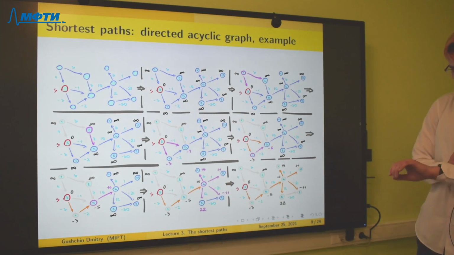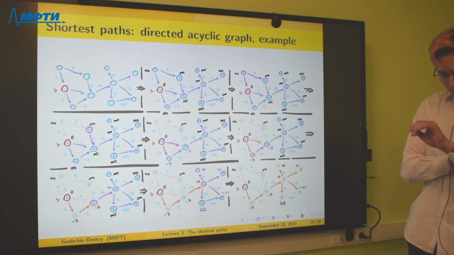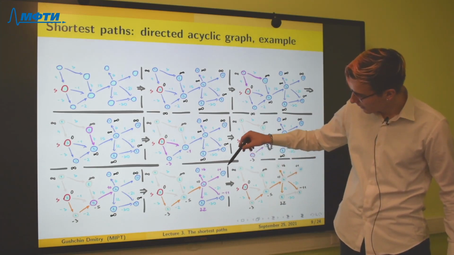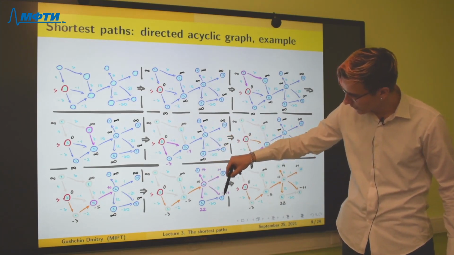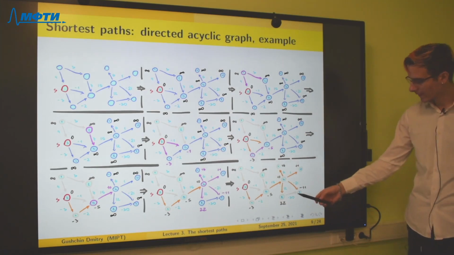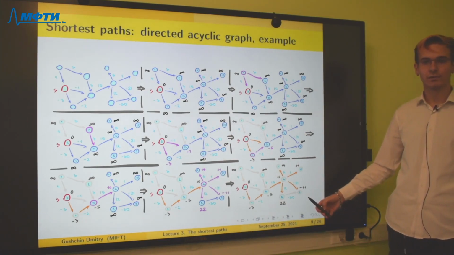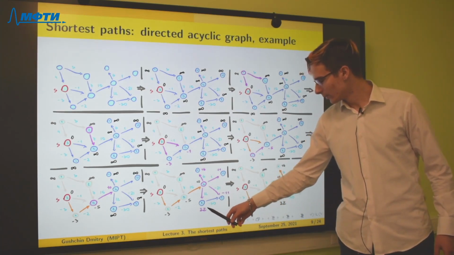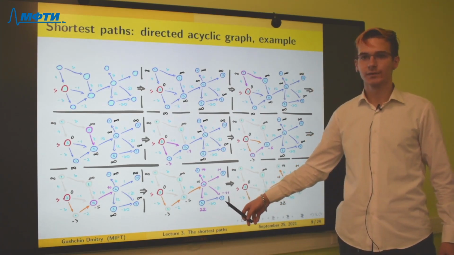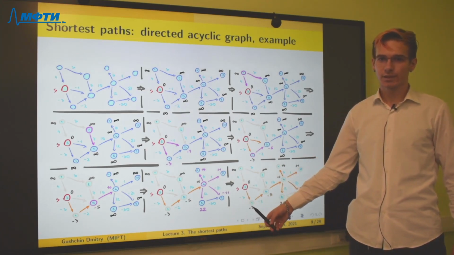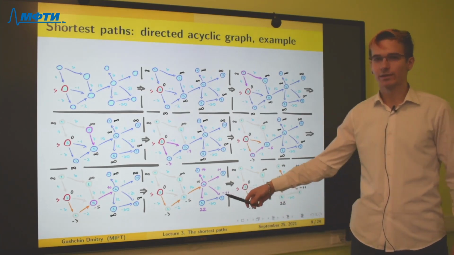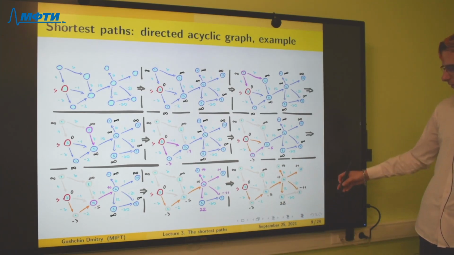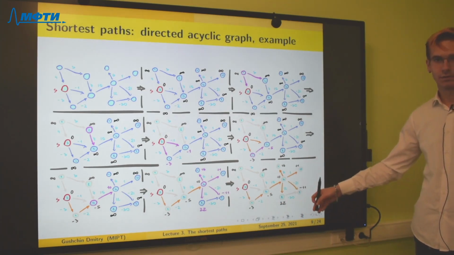And then we need to relax all the edges incident to this vertex, but it doesn't change the distance. You see that 22 plus minus 30 is equal to minus 8, and it is bigger than minus 11, and we have no other edges between these vertices.